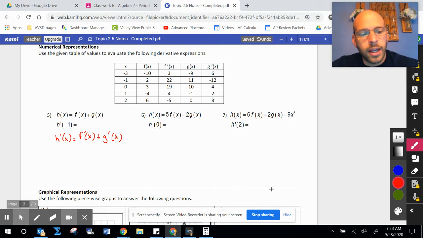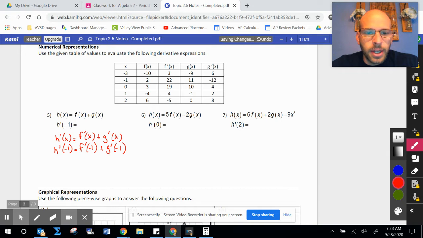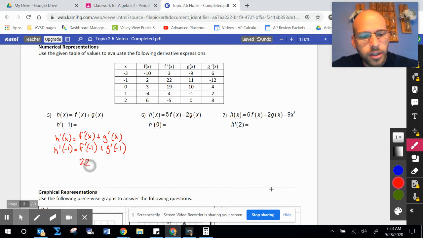Now, when I do that, if I want h prime of -1, that means I just want f prime of -1 plus g prime of -1, and I'm going to look to my table for those answers. So f prime of -1 is 22, and g prime of -1 is -12. So if you add those together, I get 10.